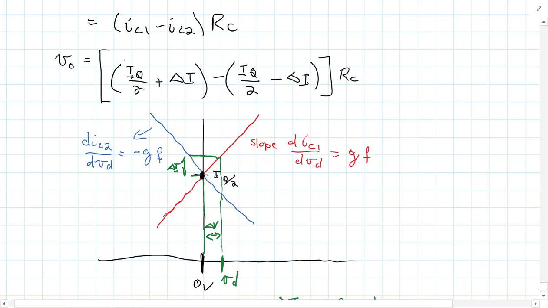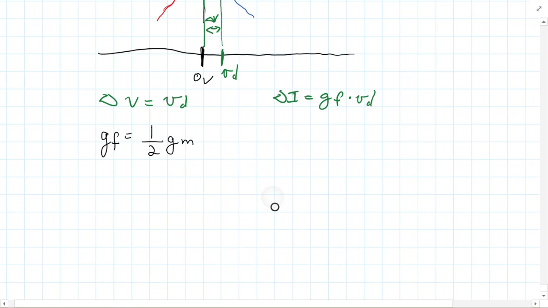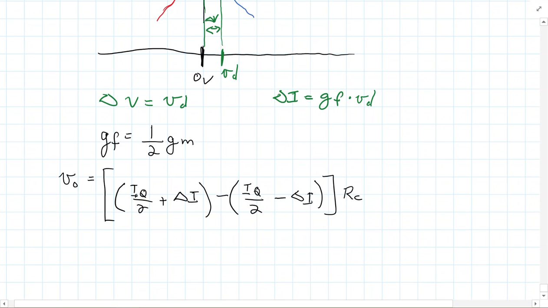So now we're going to go back to this equation here. Let me go ahead and lasso this equation, copy that equation, paste it right here. Okay, so this is my V out equation. But then what do we have here?